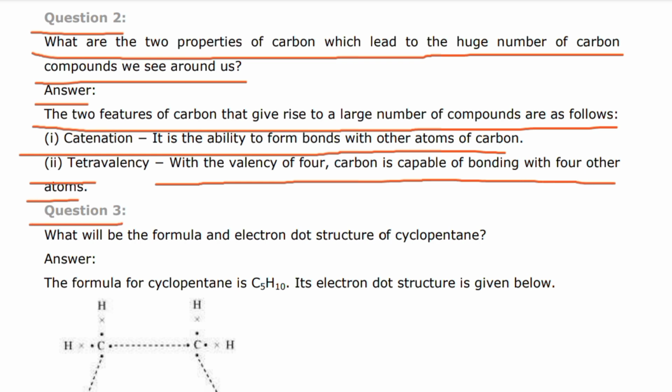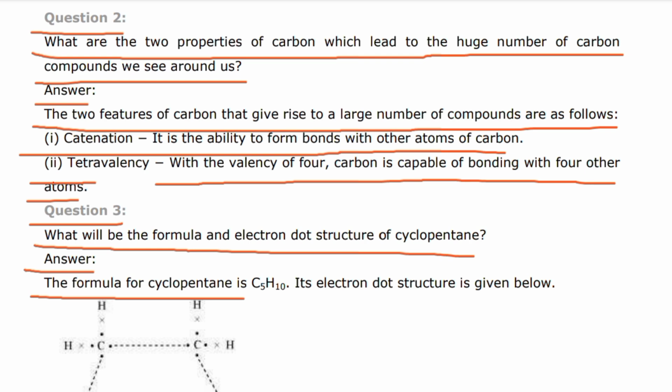Question 3. What will be the formula and electron dot structure of cyclopentane? Answer. The formula for cyclopentane is C5H10. Its electron dot structure is given below.